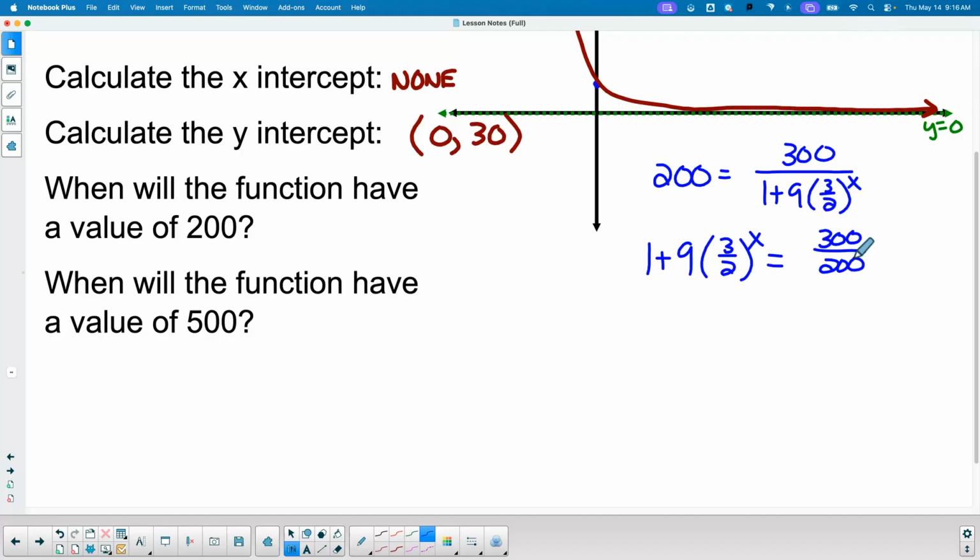Then I can subtract 1. Then I can divide by 9.